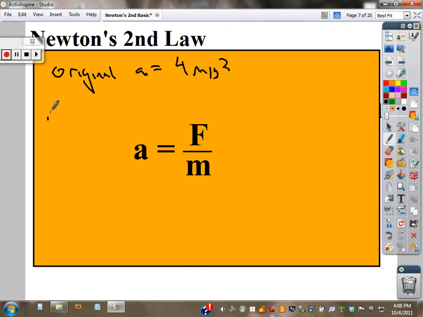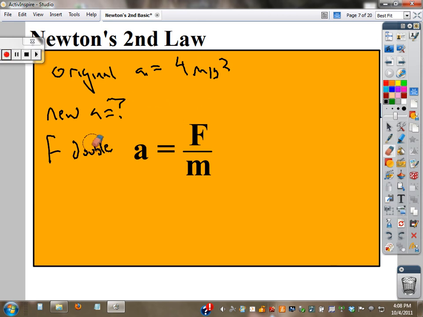What would the new acceleration be if force were to double? Okay, think about it. First thing you want to think about: should acceleration increase or decrease? Well, I know if there's more force, that means acceleration should be greater. So I know it's increasing. How much now? Well, they're directly related, so if force doubles, acceleration also doubles, and you have 8 meters per second squared.